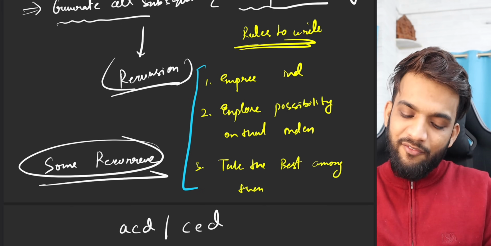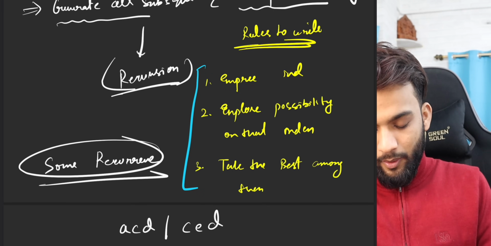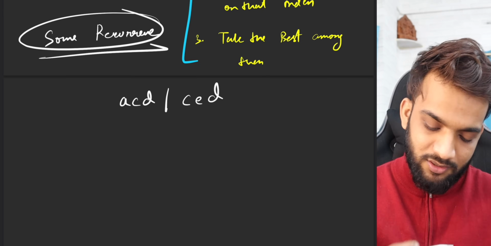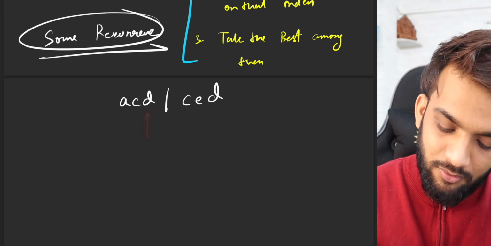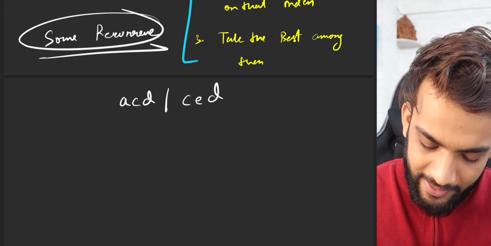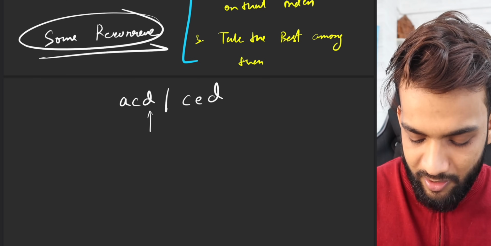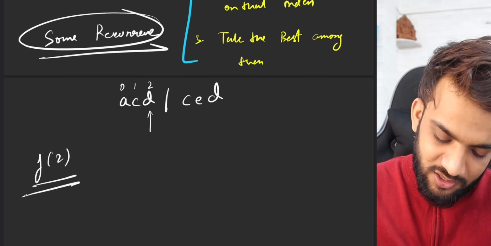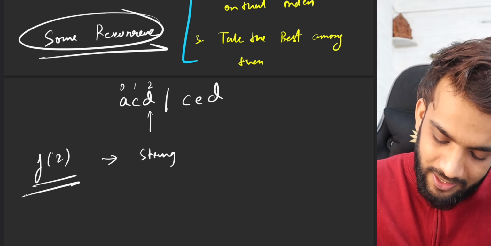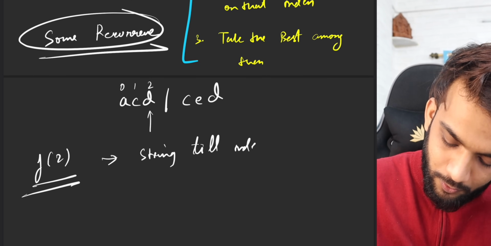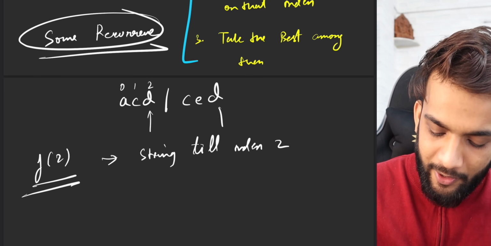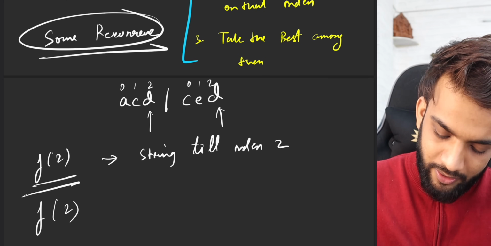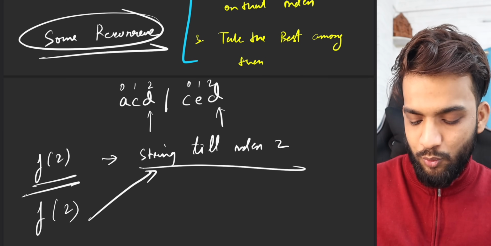Now, express everything in terms of index. Either you can carry the entire string, or you can say I have a pointer here, somewhere around index 2, and f of 2 signifies the string till index 2. Probably you can keep a pointer here in the other string, again index 2, and f of 2 again signifies the string till index 2.